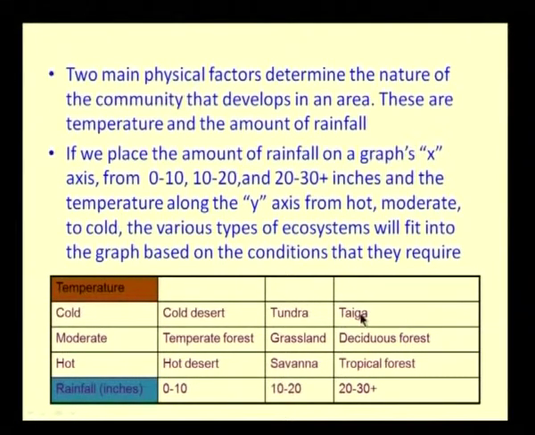And when you look at, for instance, rainfall of 20 to 30 plus inches, with a cold temperature you find the taiga forests, in moderate temperature you find deciduous forest, and with hot temperature you find tropical forests. So, these two factors contribute a lot to the type of community you find in these different regions.